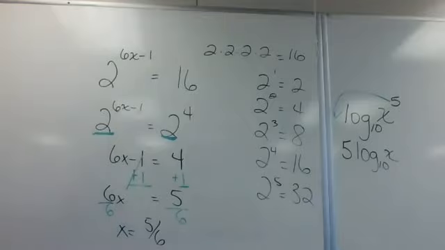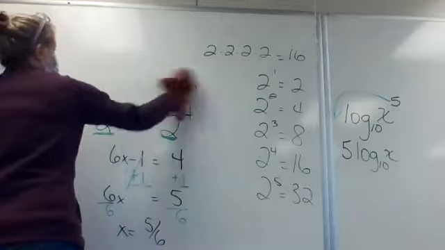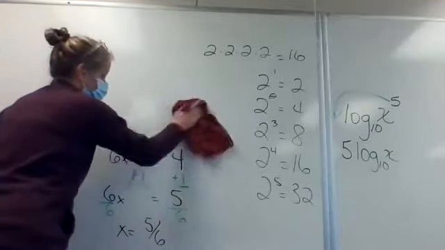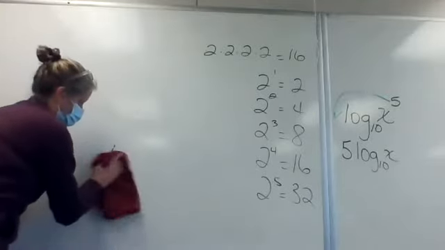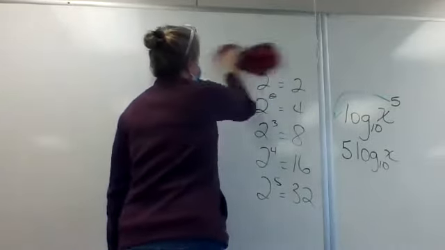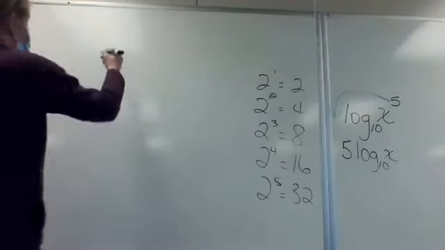Okay, now let's look at this one. Another one where you can't do both sides to make them have the same base. So you have 2 to the x power equals 6.